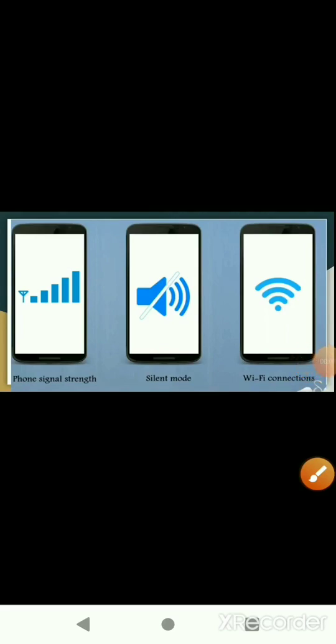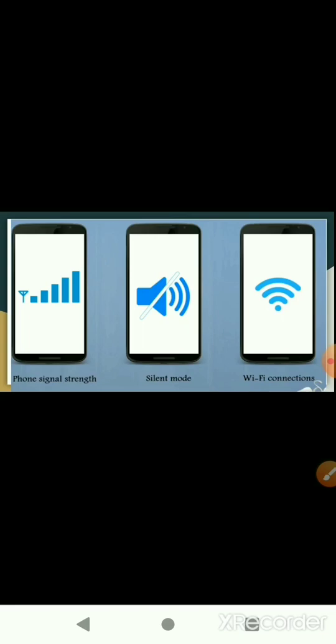Now children, why in the mobile phone are symbols or icons used instead of text? Can you tell me, children? Yes, because if you use text, then your entire screen will be filled with the text, and it will be very confusing.